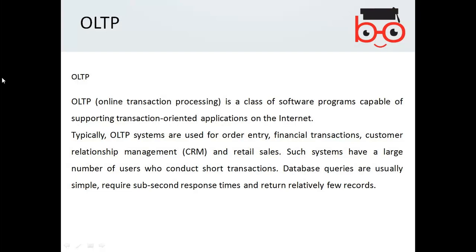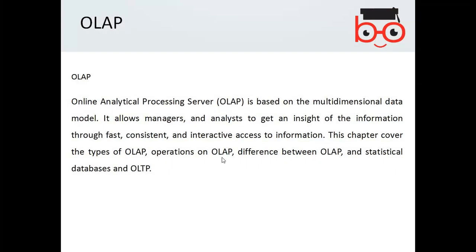So when you are dealing with this kind of financial transaction systems, you will be using OLTP, online transaction processing systems. And there is another one, the online analytical processing server, which is based on the multi-dimensional data model. It allows managers and analysts to get insight into information through fast, consistent, and interactive access to information.